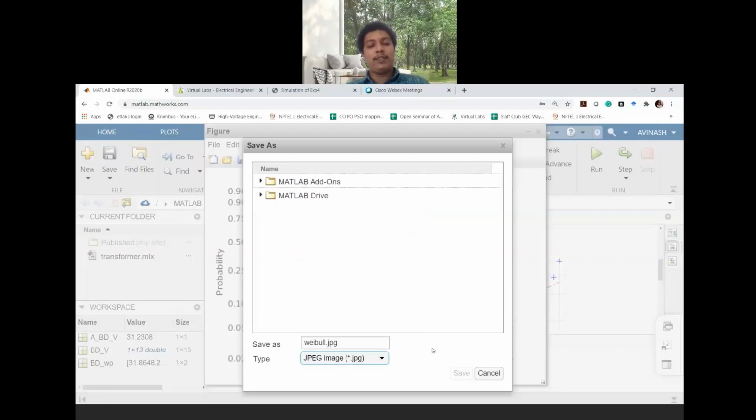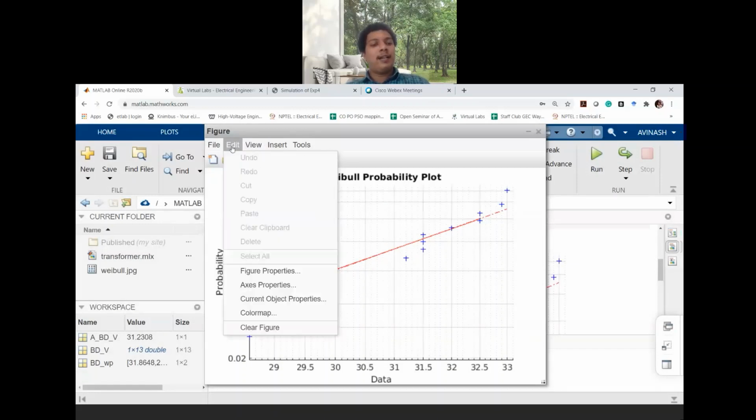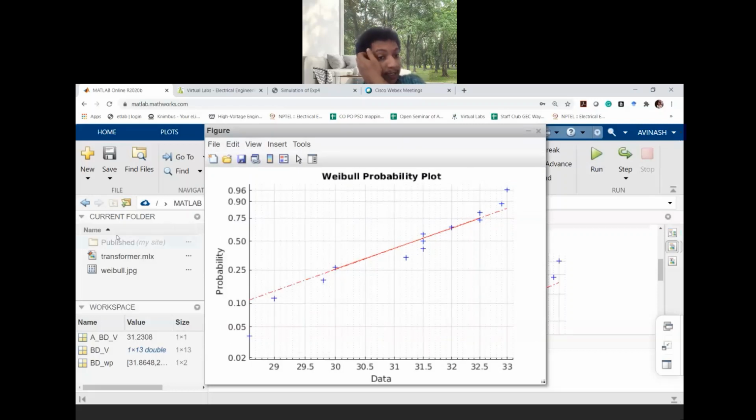Save it in the MATLAB drive, and put it as save. That way you can take it out for submission, and that variable figure is now here.